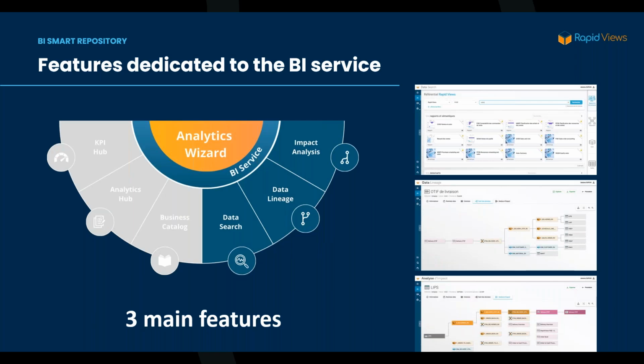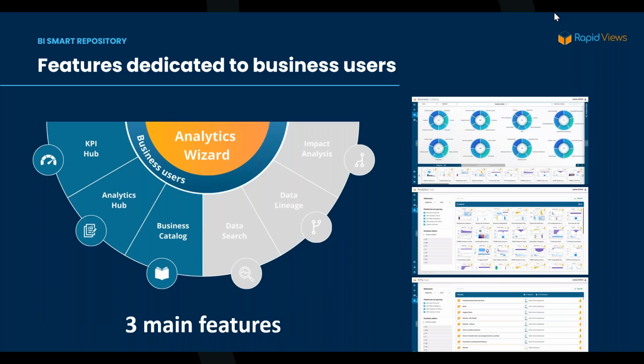So for the business users, we actually have three main features, which is the business catalog. It will provide you the ability to organize things in bricks. We have built it around SAP domains, SD, PP, etc. But as you may know, you can totally customize it. You can edit and rename it, and maybe you prefer to call it finance or stock or purchase or anything.